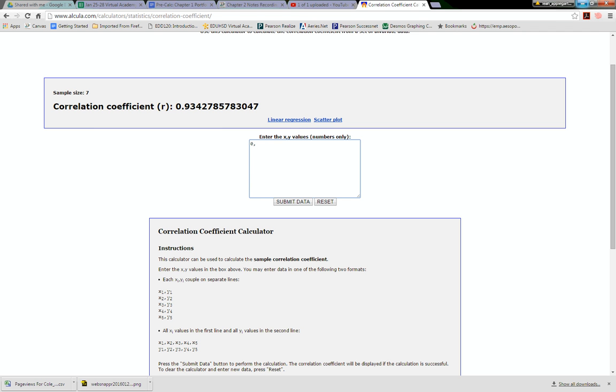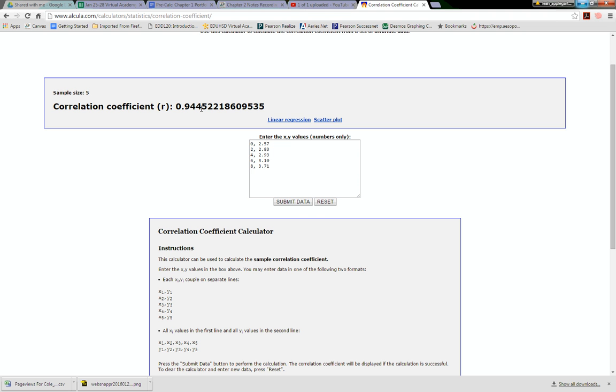You guys can do this along with me. 2000 is 2 years later, 2.83. 2002 is 4 years later, 2.93. 2004, 6 years later, 3.10, and 8 is 3.71. We're going to submit the data.